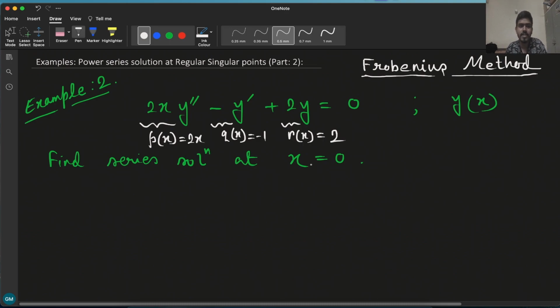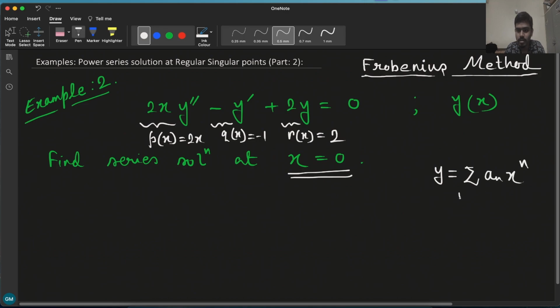So we are asked to find a power series solution at x equals 0. Let's check whether x equals 0 is an ordinary point or a regular singular point. If it's an ordinary point, then we follow the usual method, assuming the solution as the sum of a n x to the power n, n equals 0 to infinity.